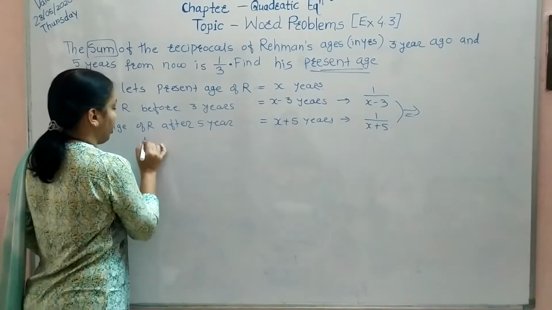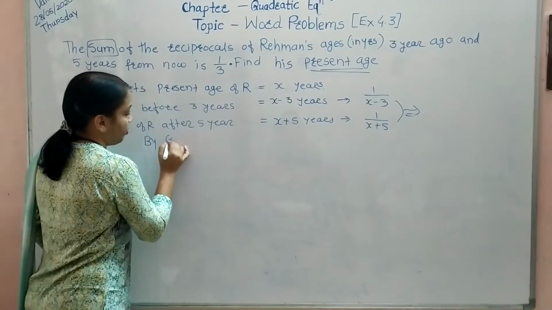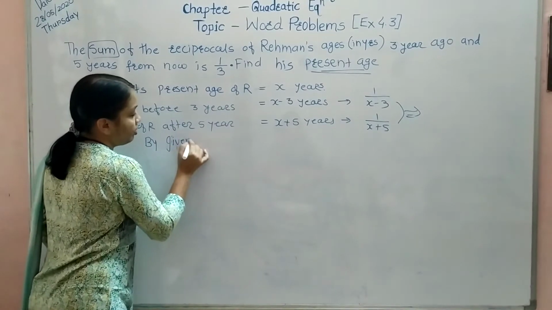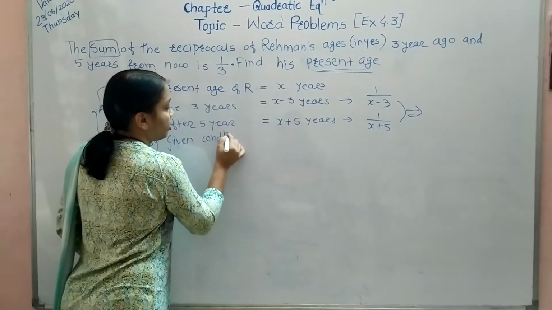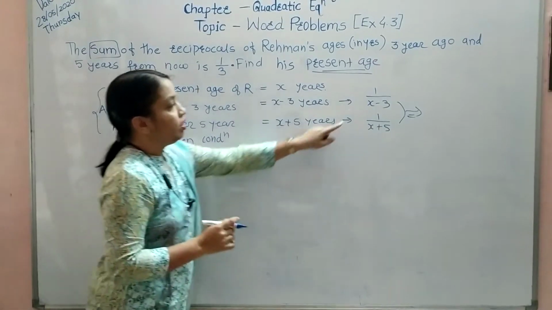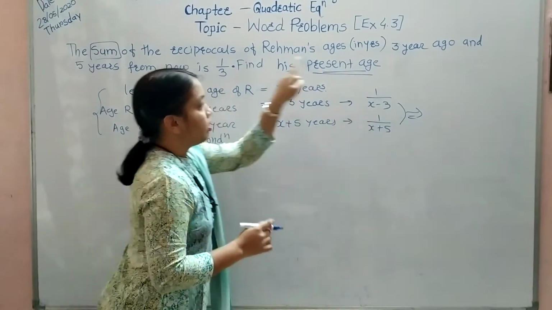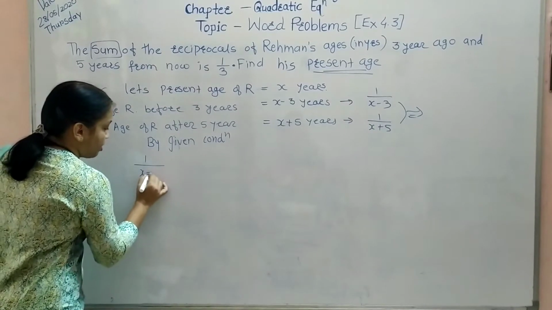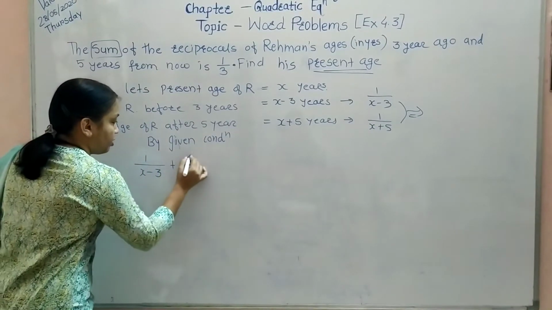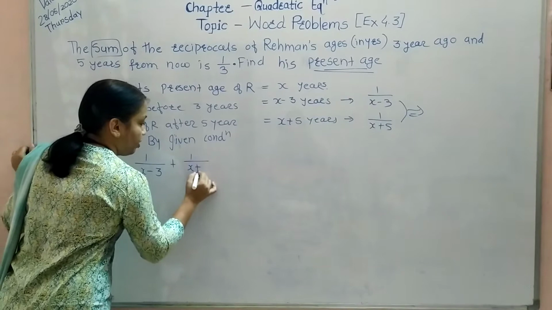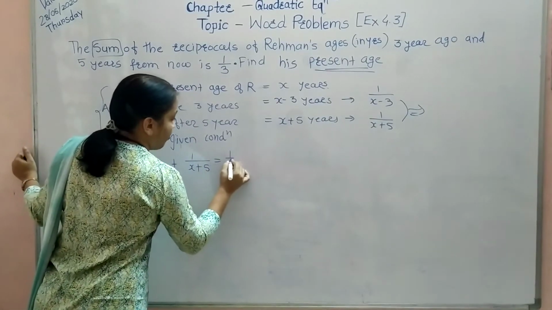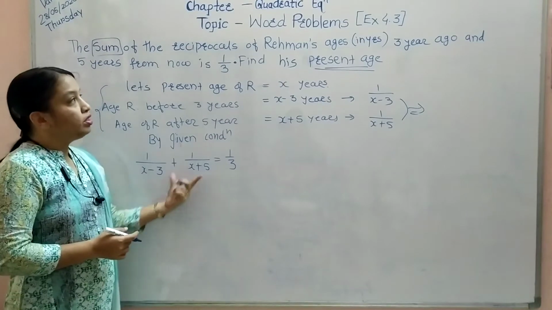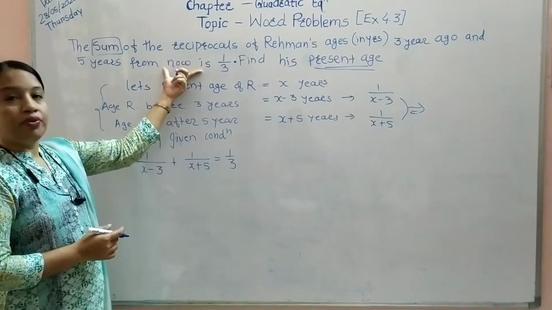Therefore, by the given condition, the equation is 1 upon x minus 3 plus 1 upon x plus 5 equal to 1/3. This is the equation which satisfies the given condition.